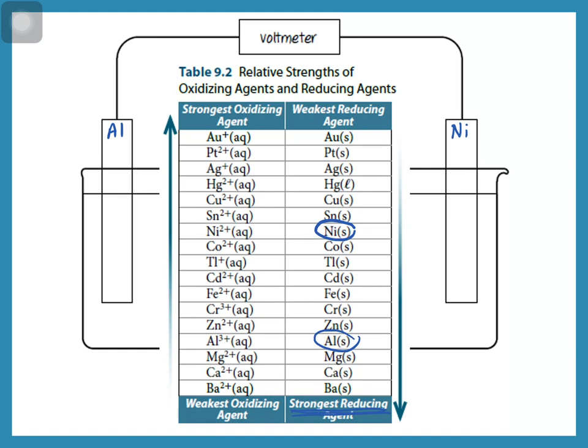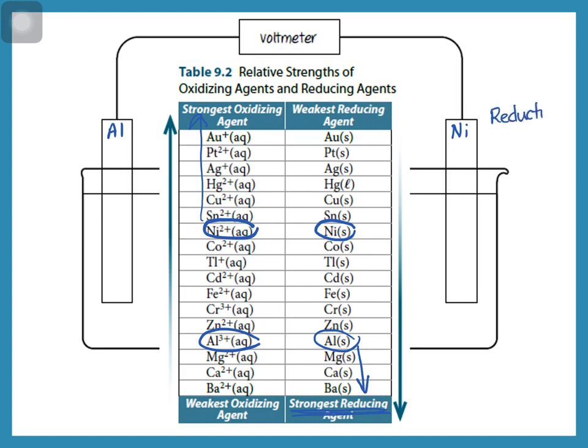And then in terms of oxidizing agent, so that's where reduction would happen, I have nickel ions and aluminum ions. So nickel ions are the strongest oxidizing agent, and aluminum solid is the strongest reducing agent. Now, once again, oxidizing agent means reduction. So the nickel ion, that is where we're going to have reduction happening.